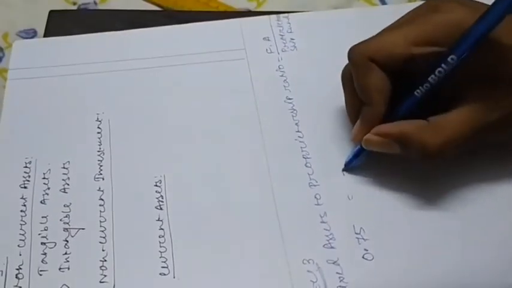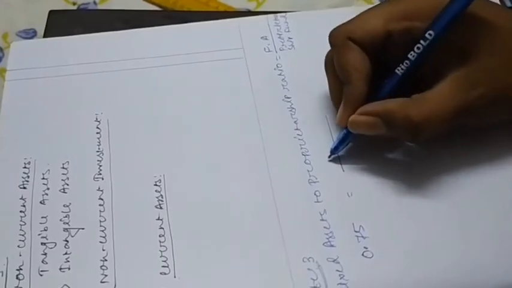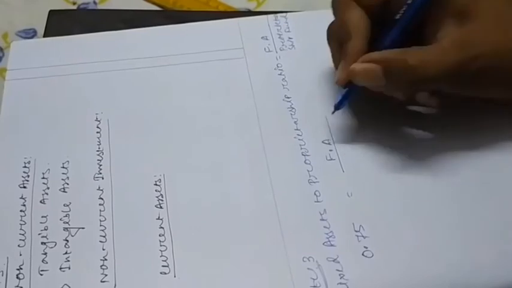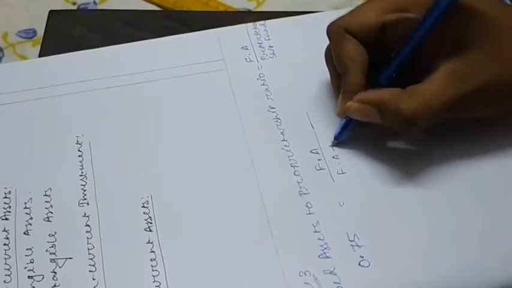And fixed asset, we don't know, but there is another formula of proprietorship fund, that is fixed asset plus working capital.